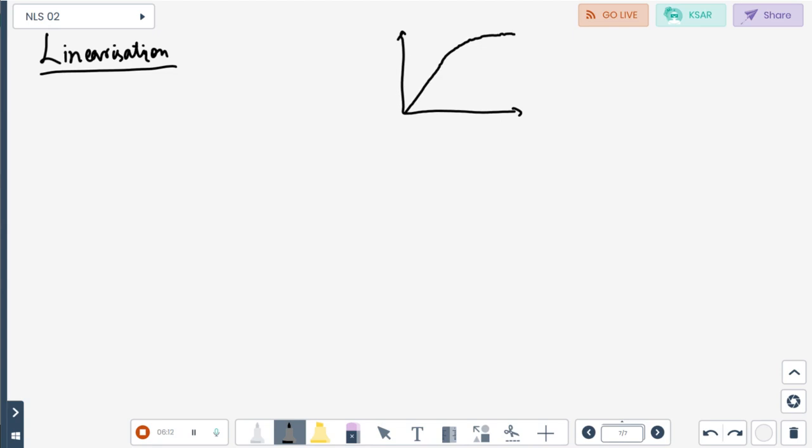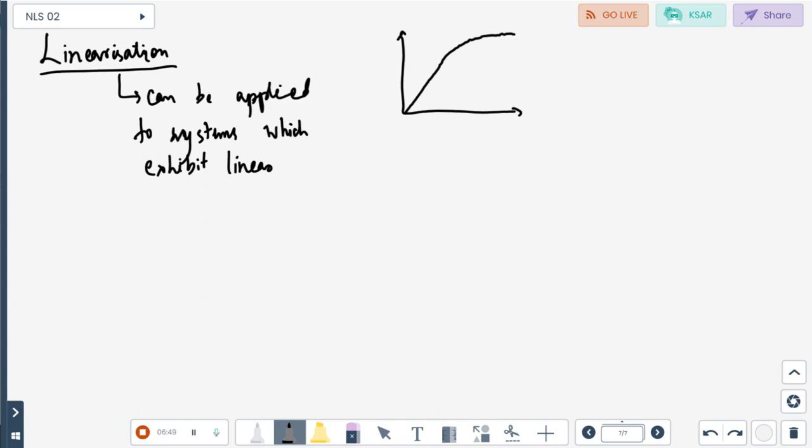We see this kind of behavior, the saturation region, and linear approximation can be applied to such systems, which exhibit linear behavior but with slight deviations.